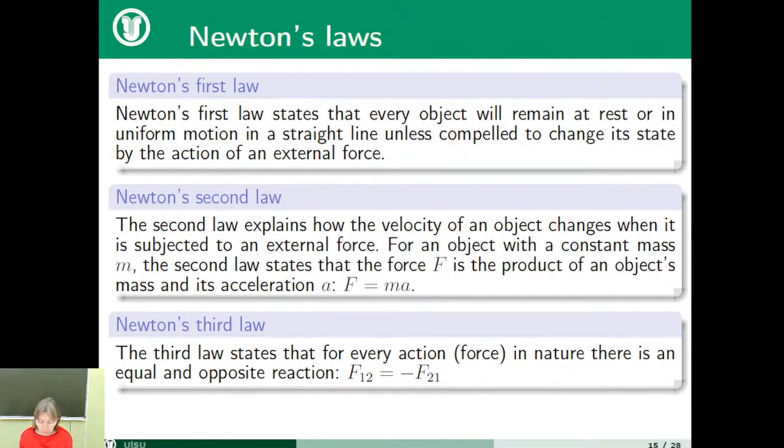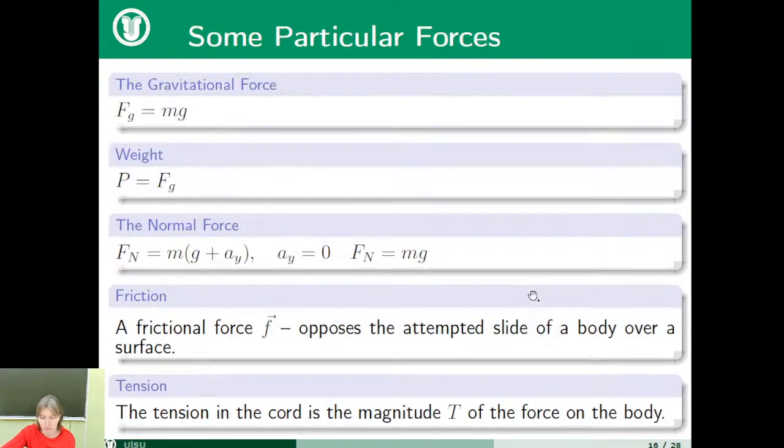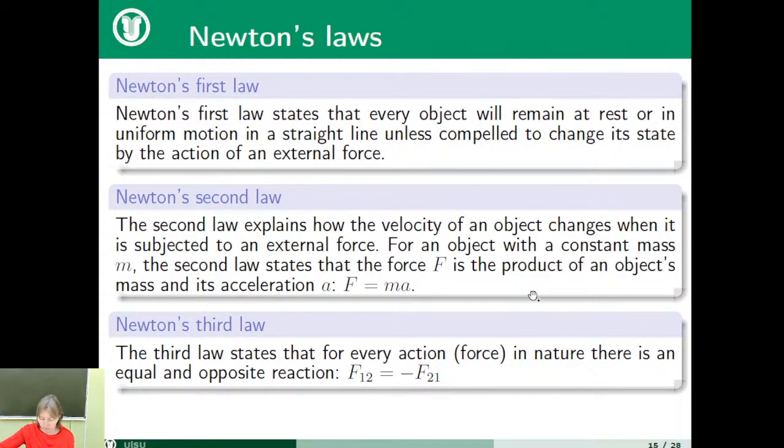Forces are most often represented with a vector symbol such as F, and a net force is represented with a vector symbol F net.